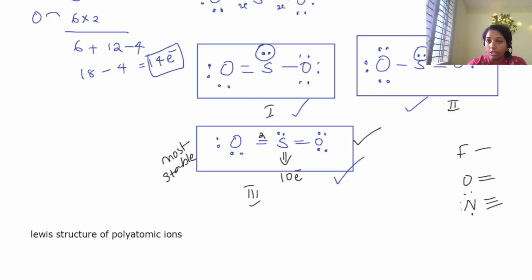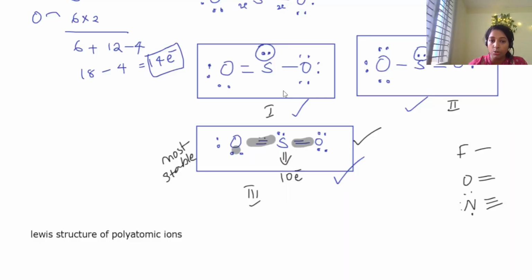How it can be more stable is actually another topic: formal charge. By counting the formal charge, we say this is the most stable structure. A simple way to imagine it: oxygen prefers a double bond, and in this case both oxygens get double bonds, so that is the most stable structure. Clear? But this one is also correct.